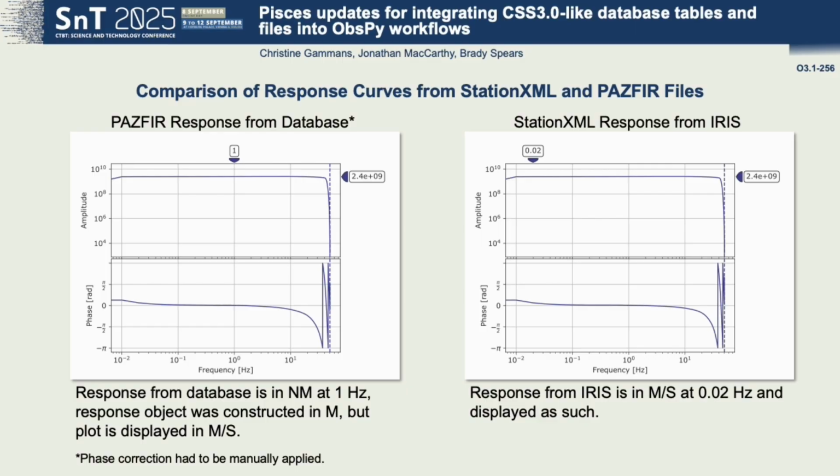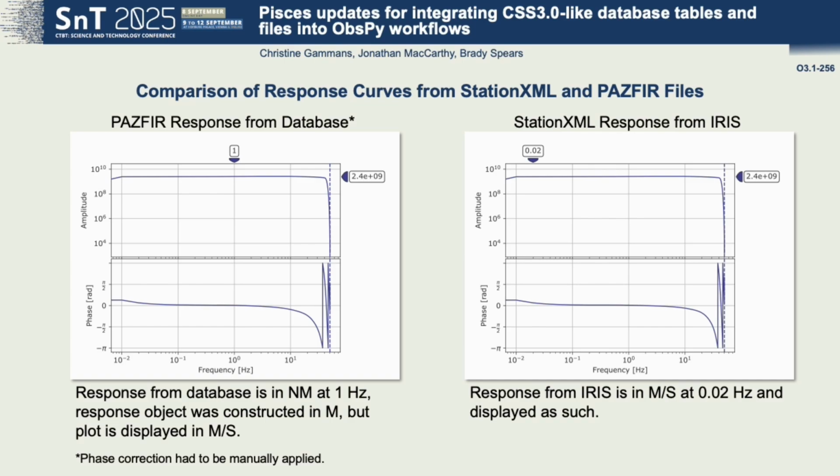In this case, the file in our database was converted from the station XML from Iris, but that was done by a different researcher using a different set of codes, giving a little bit of independence to show that this does take the file and convert it correctly.